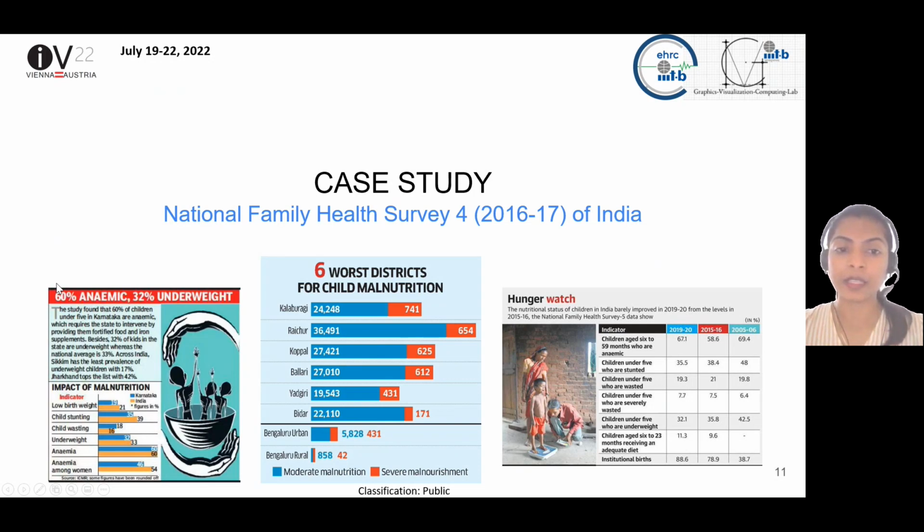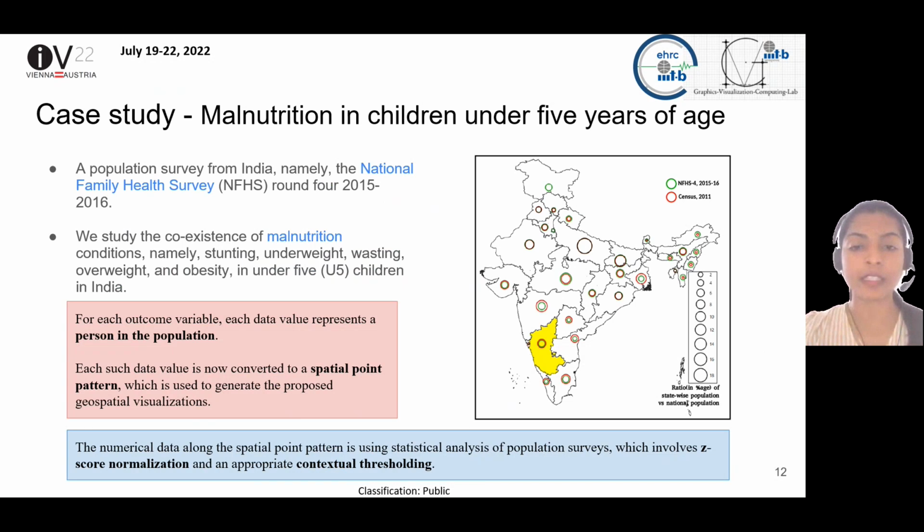Case study. We apply the proposed methods in the case study of malnutrition in children under 5 years of age as captured by the population survey from India, namely the National Family Health Survey, also called NFHS. For our case study, the outcome variables in the survey are height for age, weight for age, weight for height, growth percentile greater than 90%, and growth percentile greater than 95%, which are indicative of stunting, wasting, underweight, overweight, and obesity, respectively.